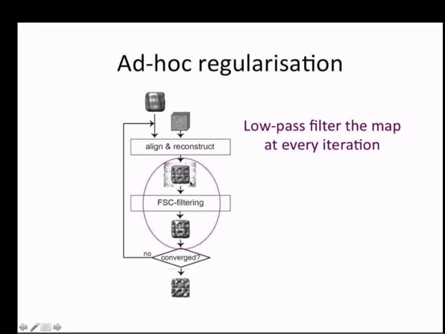And the reason why you have to filter is that if you don't filter, then high frequencies will start to accumulate in your reference, and they will start to drive the actual alignment, and things will go completely haywire. So these kinds of ad hoc regularizations have been very common in the field, and it is because you absolutely need to regularize your problem, otherwise you will start running into problems.